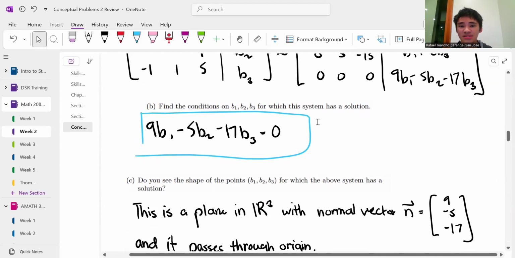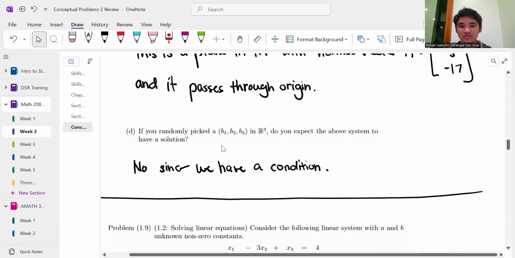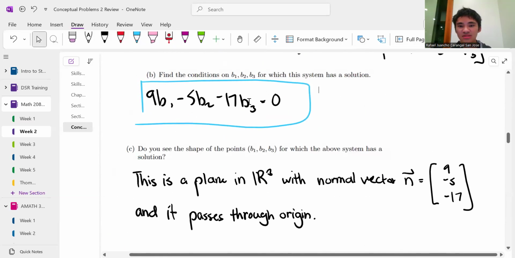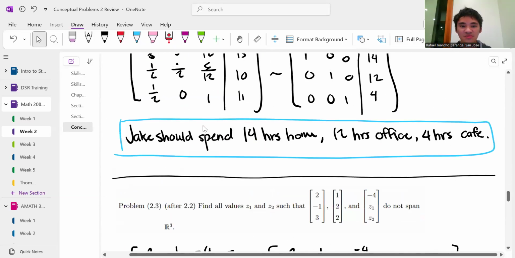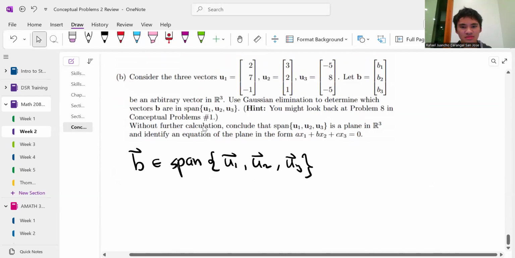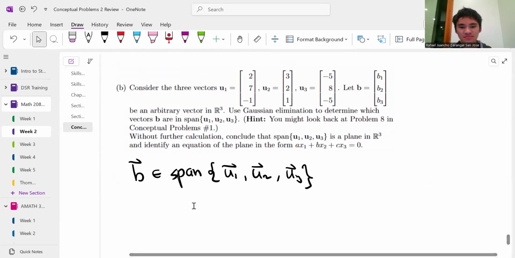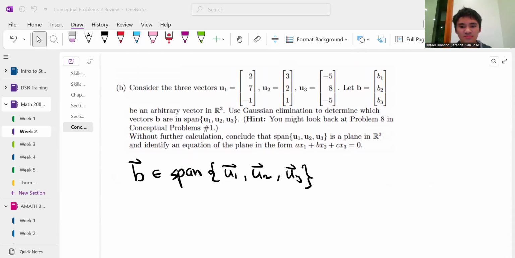So the only way for this system to have a solution is if it satisfies this idea. So this is actually the span, right? This plane is the span. That's the shape of the span that we're doing. Okay.